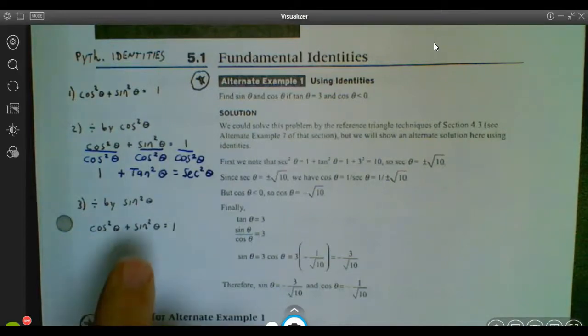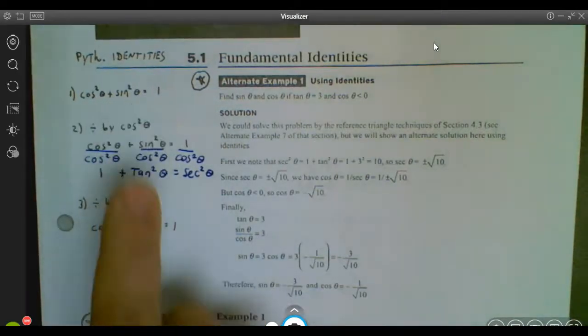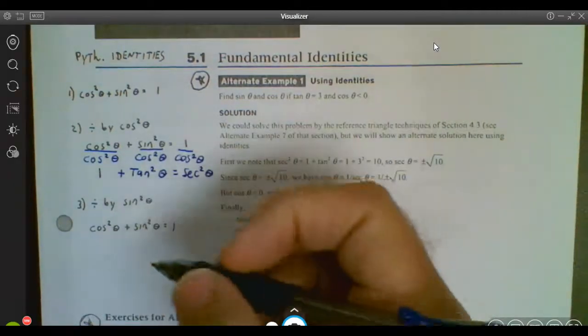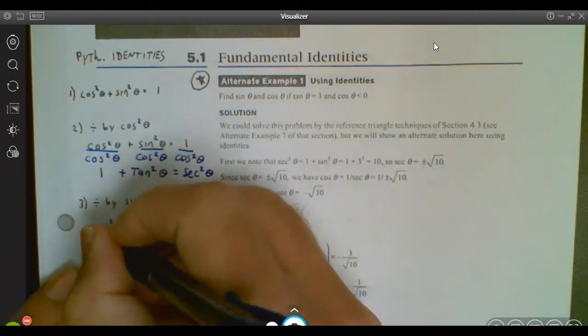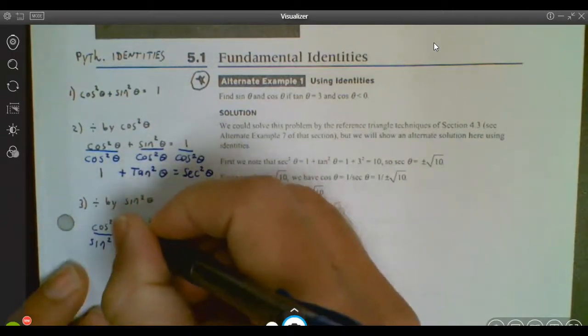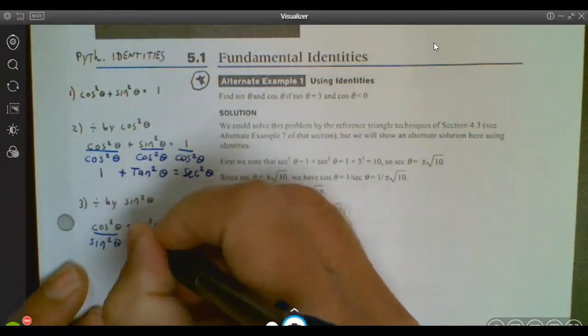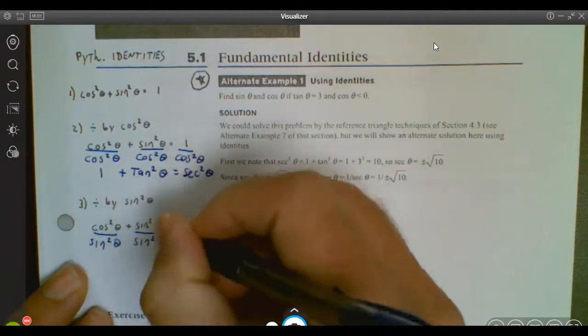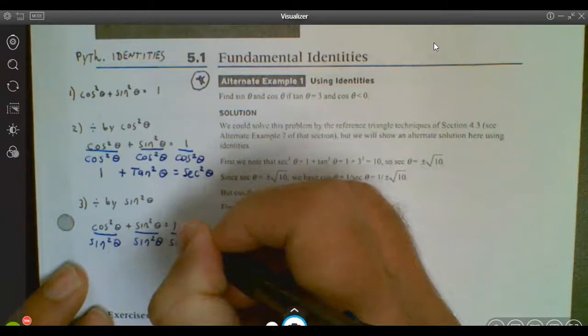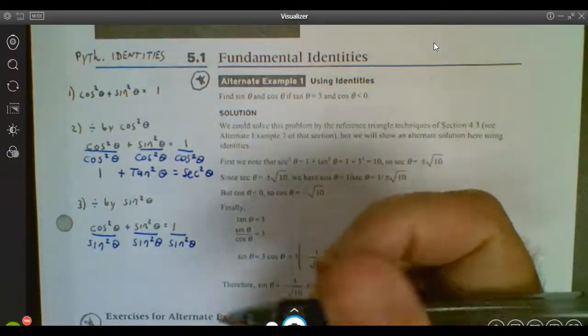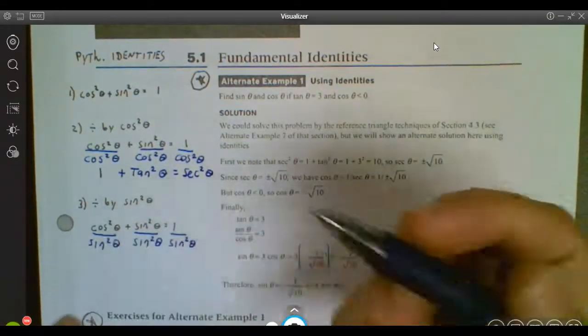So let's do the same thing. If I were to go back to the original and divide all three terms by sine squared, so I'm just going to simplify each one. We know cosine over sine is cotangent.